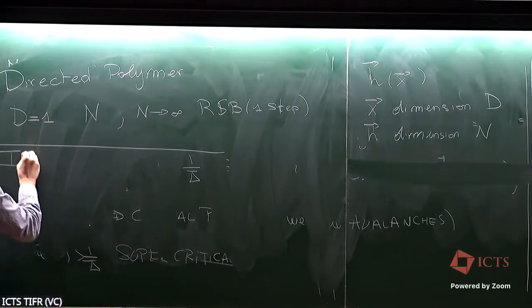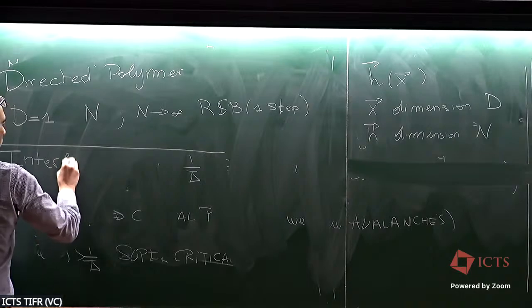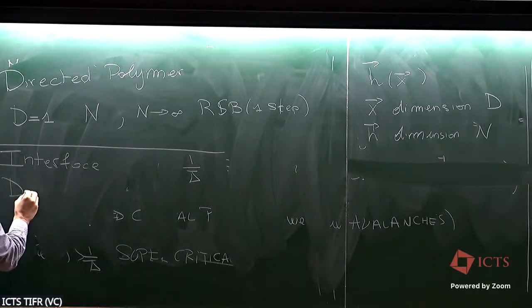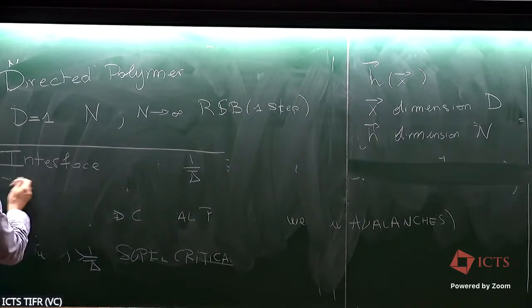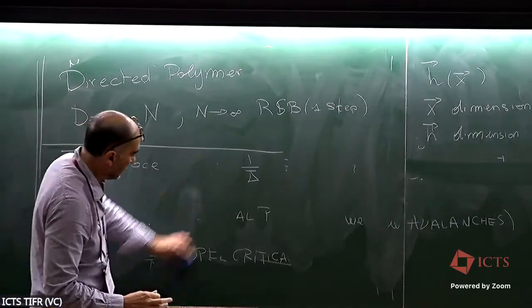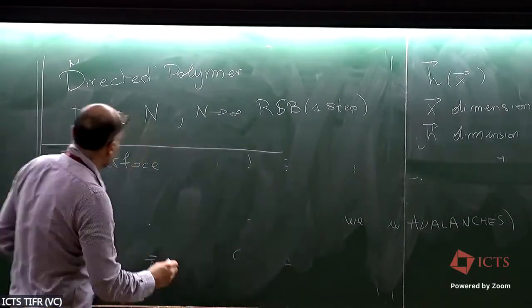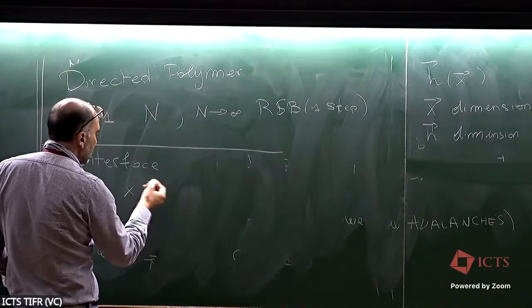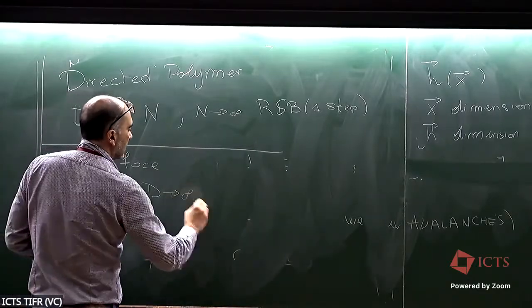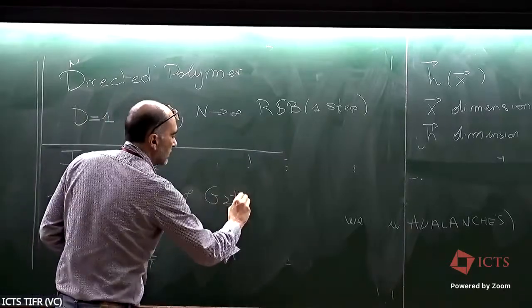The other I call an interface, which we were looking at here. The case is d is a number, n is equal to 1, h is a scalar, okay? But x has dimension d, and when d goes to infinity, then you have the Galton-Watson.